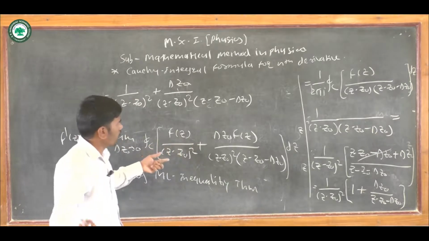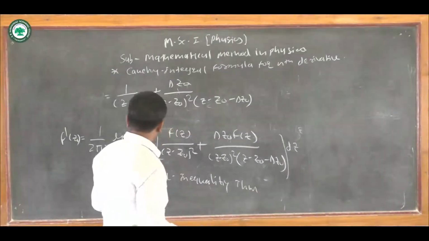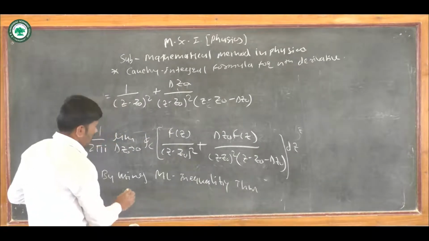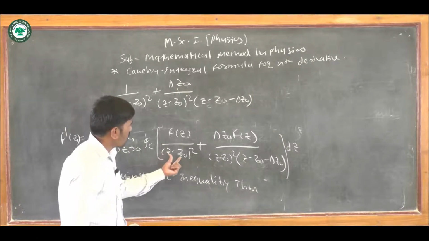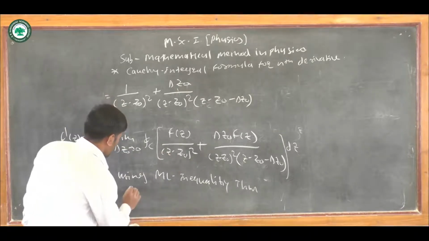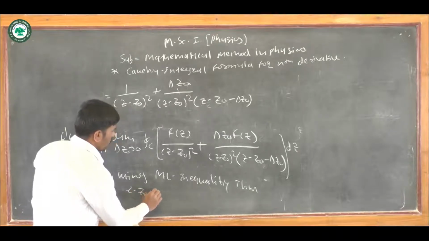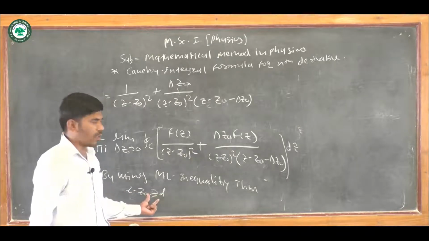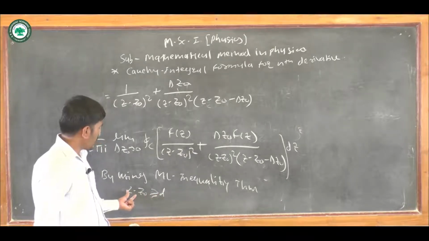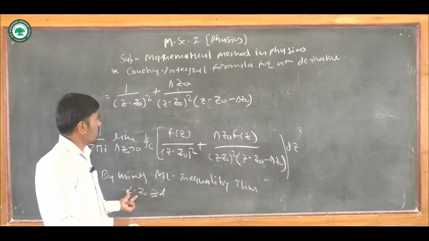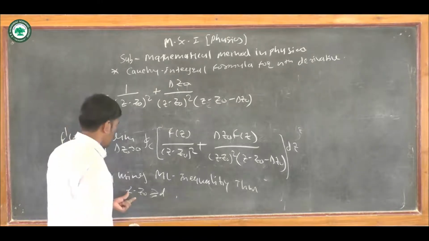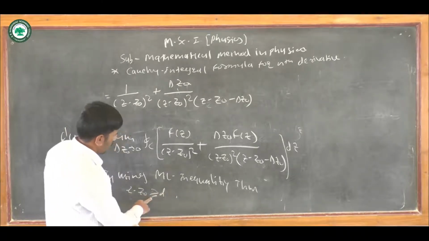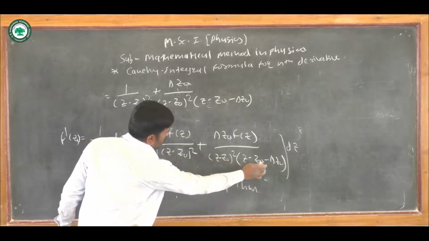Okay, so here in the ML inequality, this distance z minus z naught is a very small distance. z is any point on the curve. Okay, so these relations we can write for these things, z minus z naught.